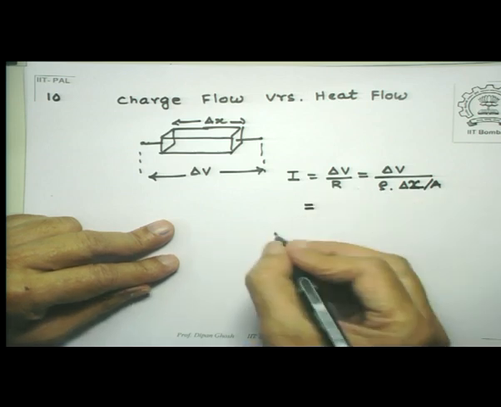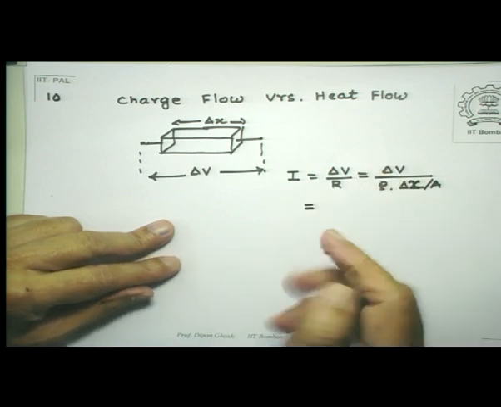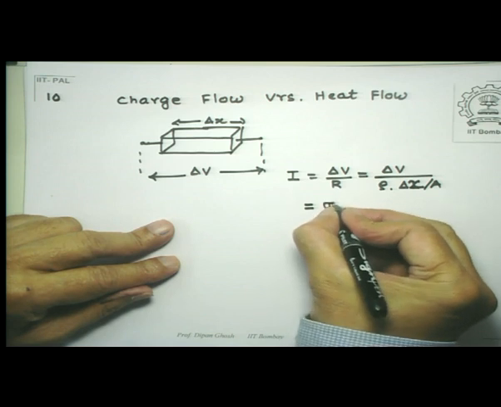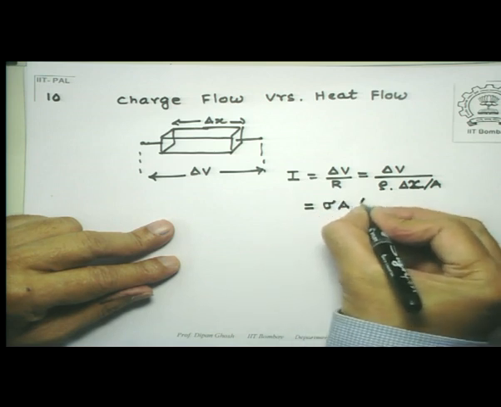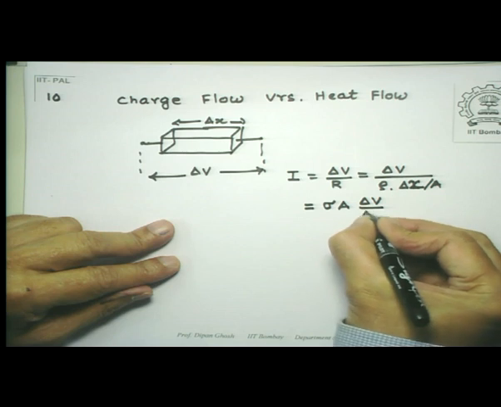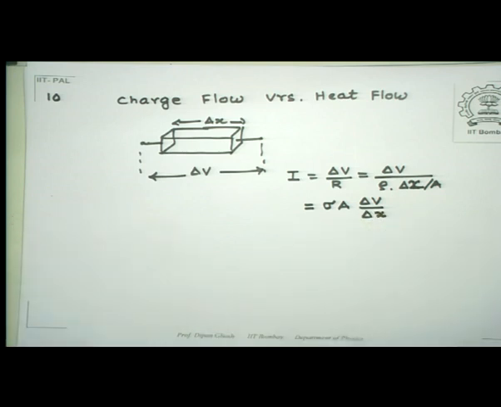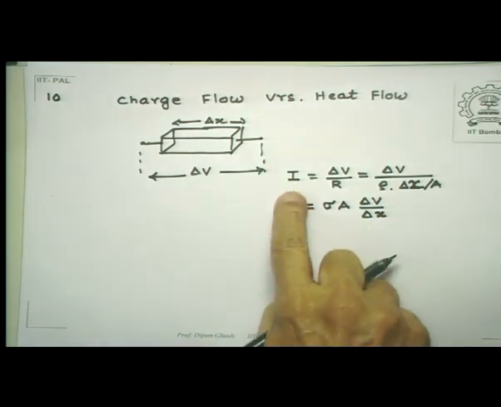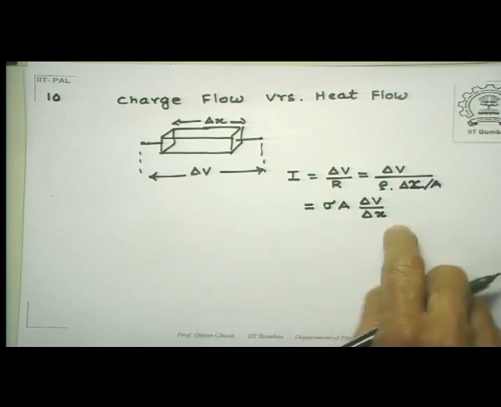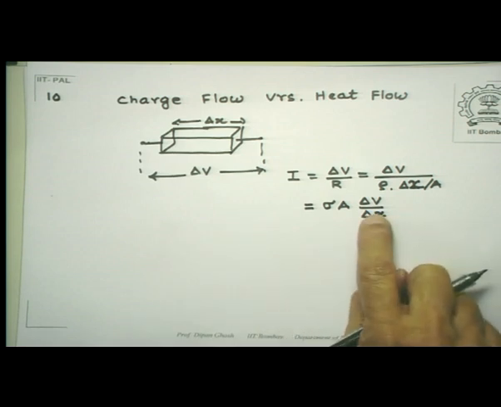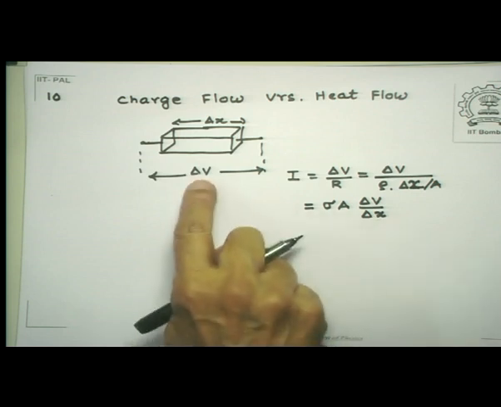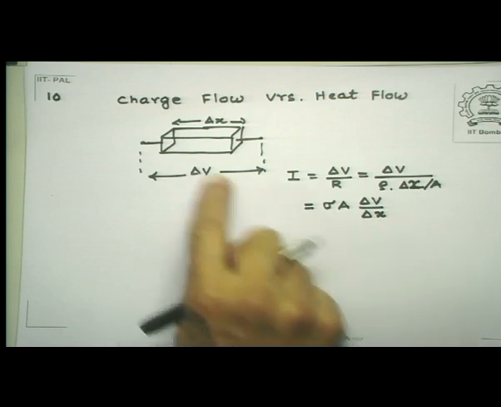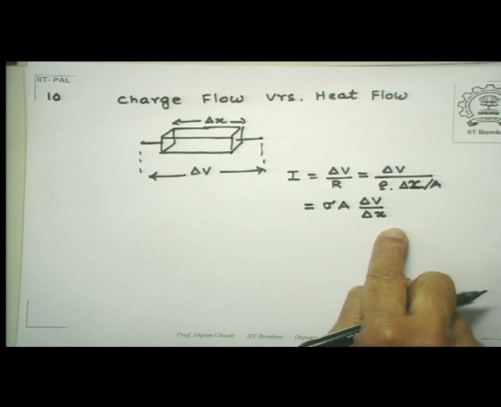And if you write it, remembering that 1 over rho is nothing but sigma, I get sigma A delta V by delta x. So notice that the current in this situation depends upon the gradient of the potential. So how does potential vary with distance?